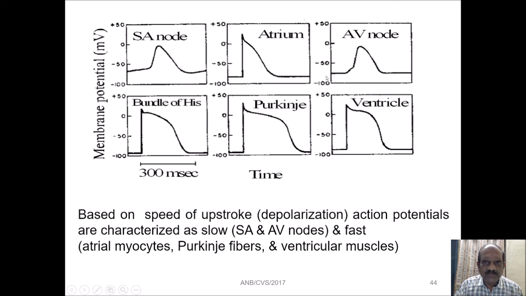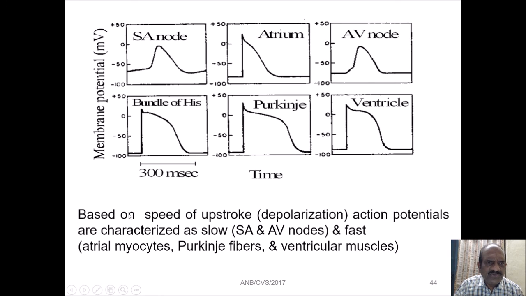What you'll find is that the SA node and the AV node have the typical slow action potential, called slow depending upon the speed of the upstroke. Now in the case of the atrium, ventricle, Purkinje fibers, and the bundle of His, the upstroke is rapid, and these are called rapid action potentials.